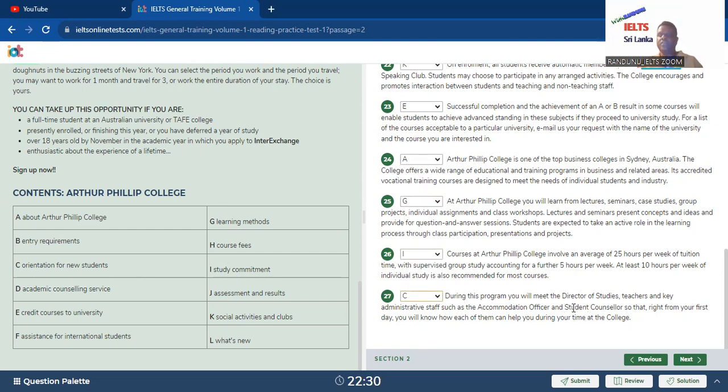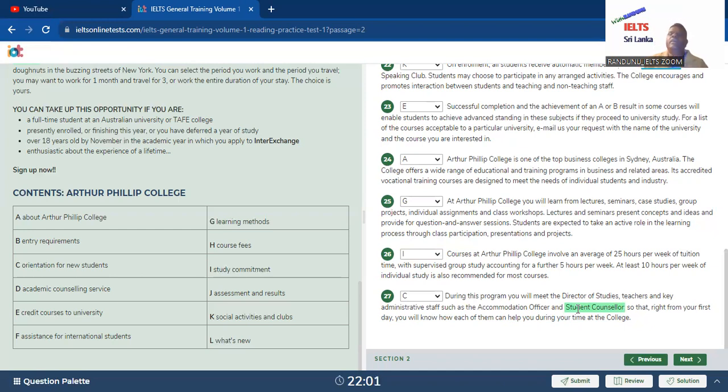Just because you see student counselor here, it is not academic counseling, because it talks about the people that you will meet, the places that you go and visit. So it talks about your orientation, induction. During this program, you will meet the director of studies, teachers, chief academic administrative staff, accommodation officer, student counselor, like that.